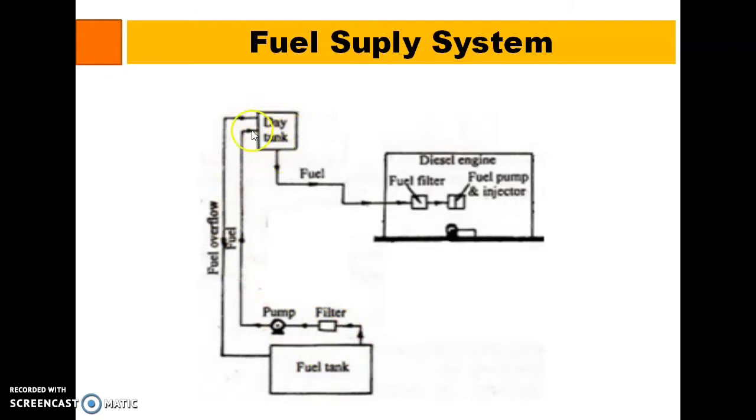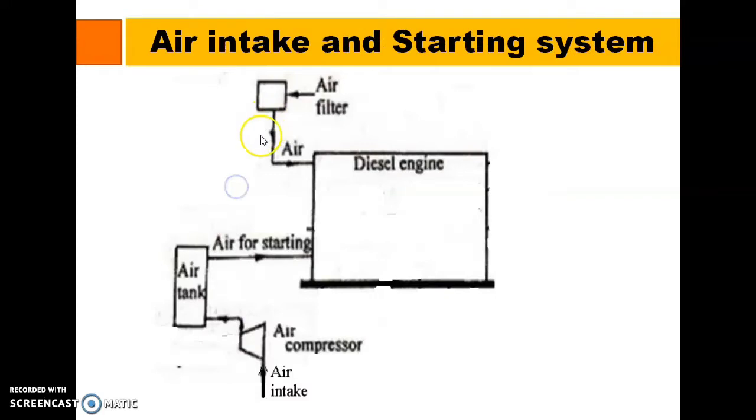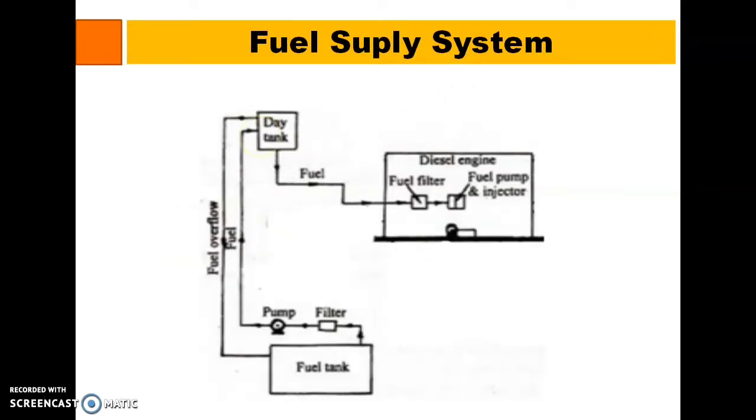It is a small storage tank, where diesel is taken from the storage tank on an interval basis, so a small amount of fuel is taken into the day tank. The fuel passes through the filter or strainer, where the impurities are filtered, and then it is given to the day tank.